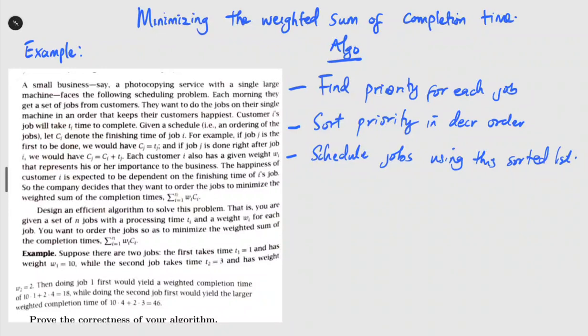So we want to consider any other optimal solution where the jobs are not sorted in decreasing order of priority. So this is a proof by exchange of property.